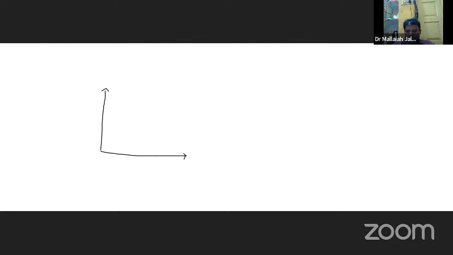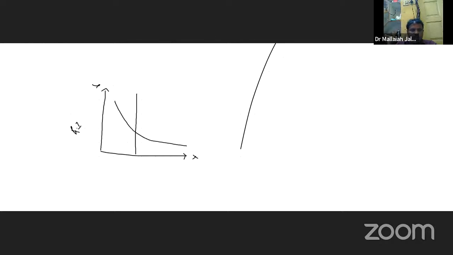This is the y-axis and x-axis. On the y-axis we measure the rate of interest. This is DD. This is M2 and M1.